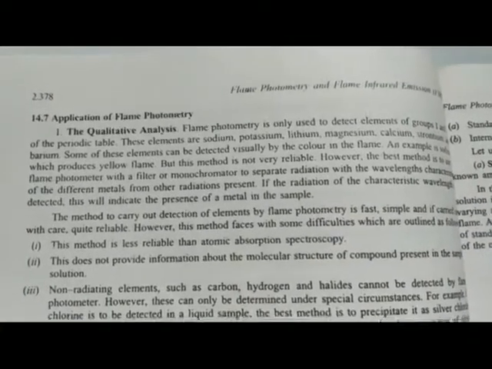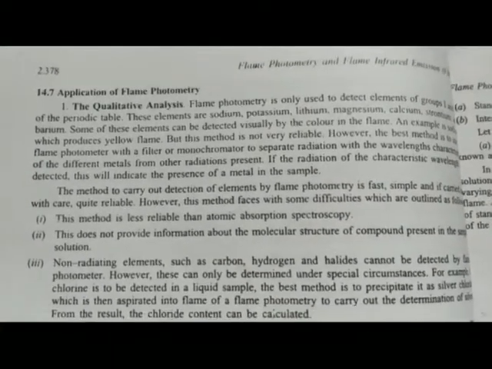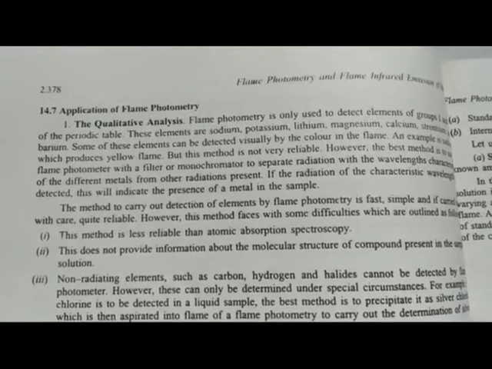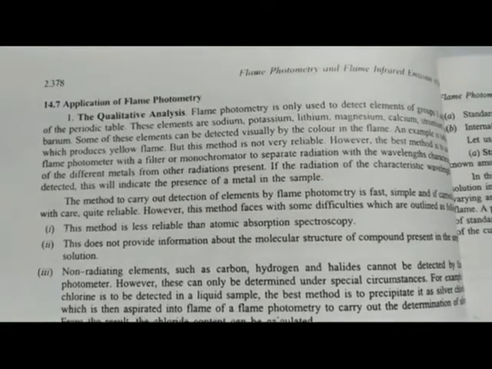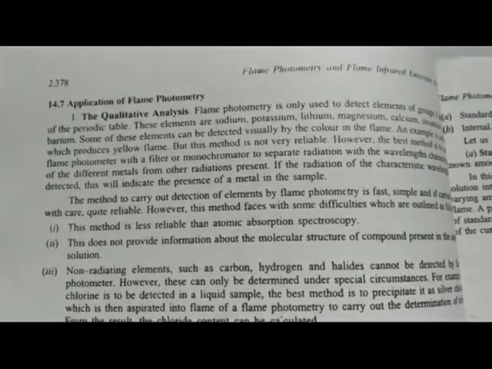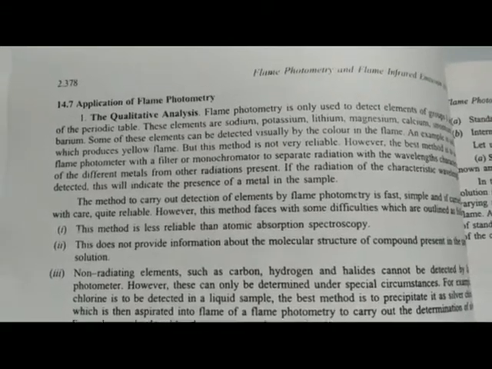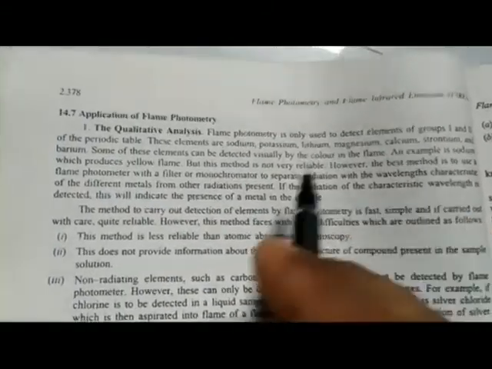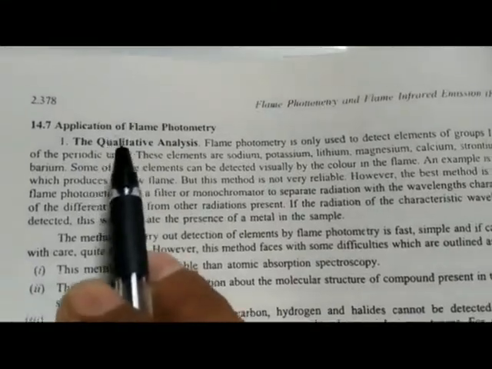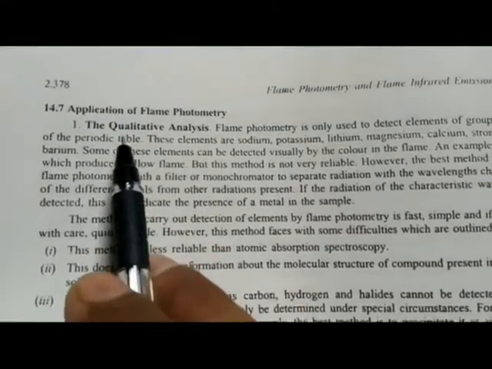The next part is the application of flame photometry. Generally, flame photometry is used to detect metal elements in the first and second group of the periodic table. The applications are, first, qualitative analysis, and second, quantitative analysis.